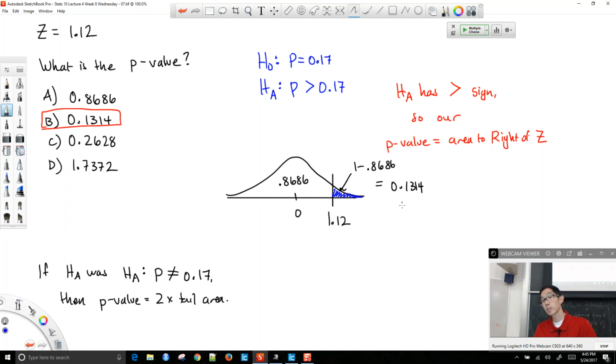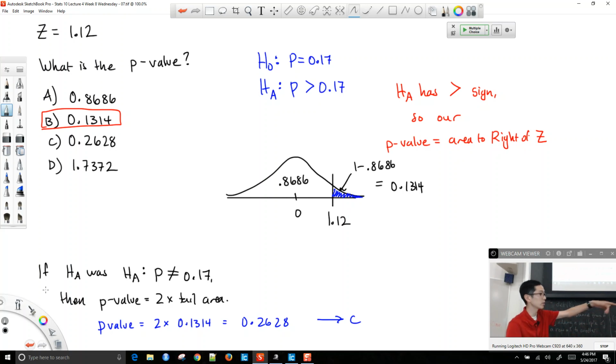So my p-value is 0.1314 times 2, and I would get 0.2628, which would be answer choice C. That's if the alternative had a not equal sign. But again, pay attention to what is written in the question to determine your alternative hypothesis, and depending on what's written in the alternative, that will decide if you use the left, right, or double.